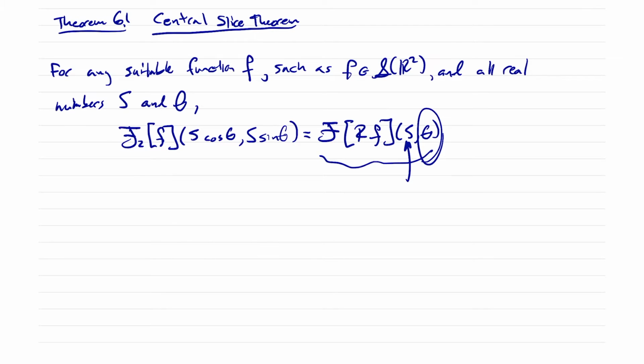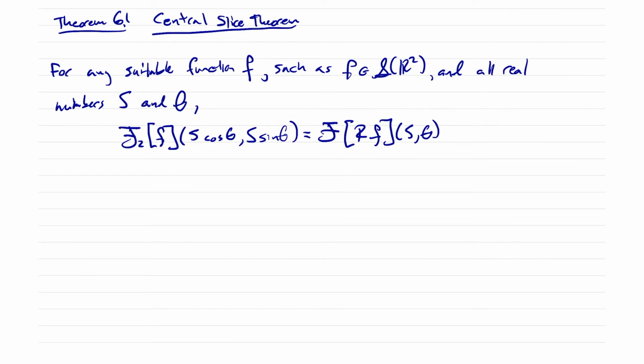So basically we would just fix this theta and let Rf be just a function of s, or a function of t is what usually goes in here, right? And so here we're using s as the frequency, and that would be the Fourier transform with respect to the first variable of Rf.